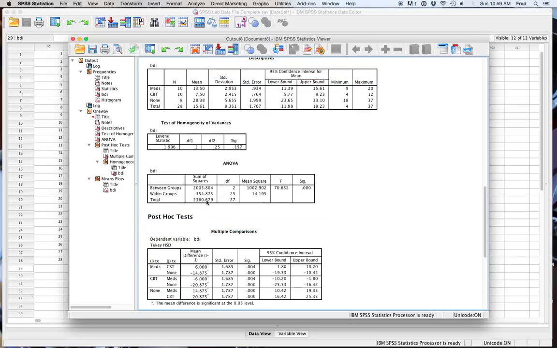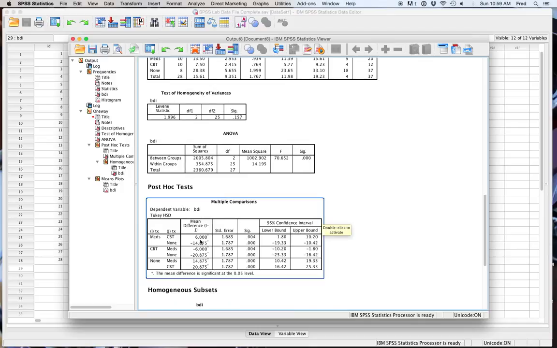And if we look back up here, we see 13.5 and 7.5. That's a 6-point difference. That 6-point difference, if we conducted it by hand, comparing that 6 to our HSD, the honestly significant difference critical value, we see that difference would occur 0.004 or 4 times in 1,000 by chance alone.